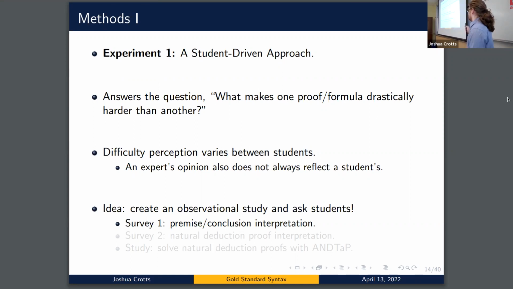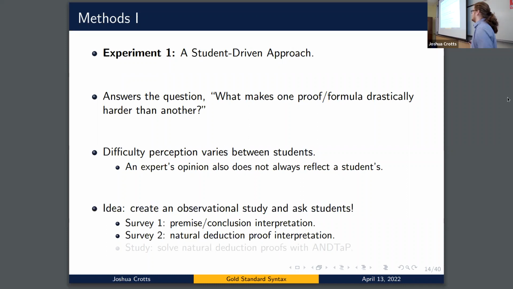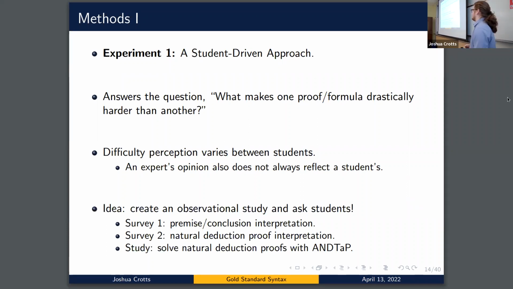So we created two surveys and a study. Well, it's all one study, but three parts to it. The first is a premise and conclusion interpretation survey. Second is a natural deduction proof interpretation survey. And the third is they actually had to solve natural deduction proofs with our system, ANTAP.